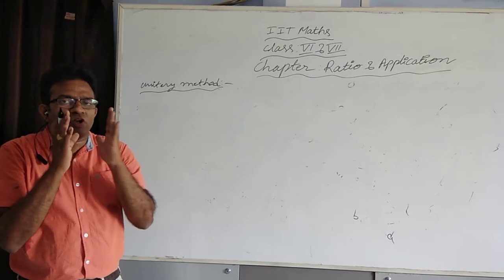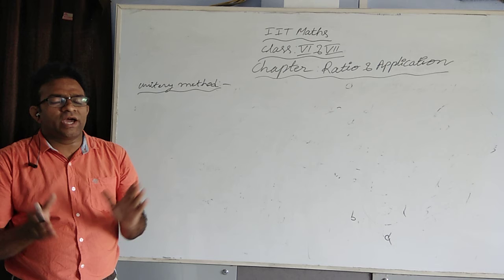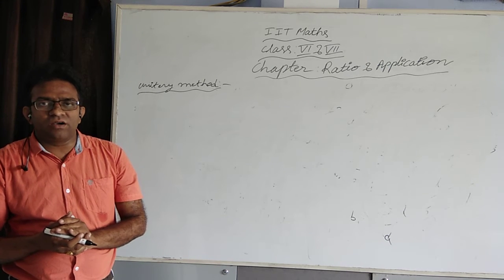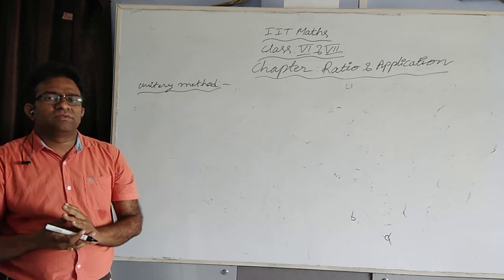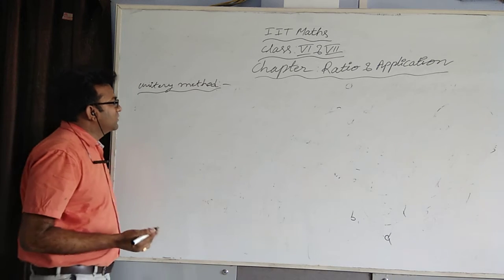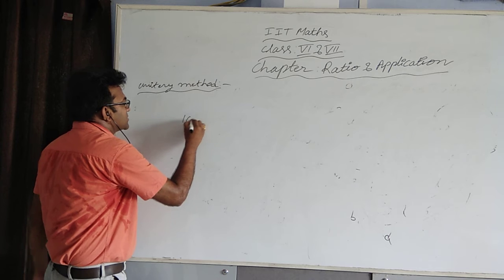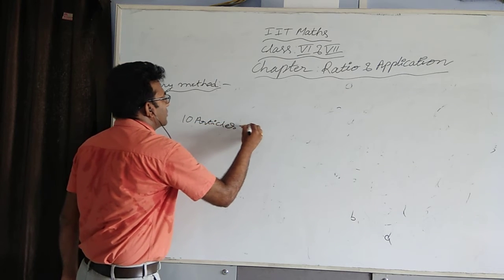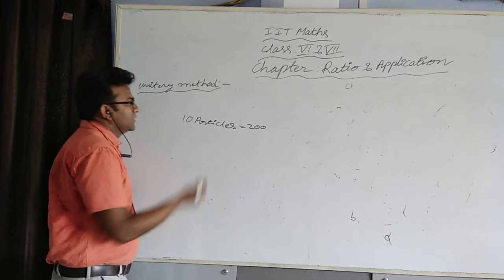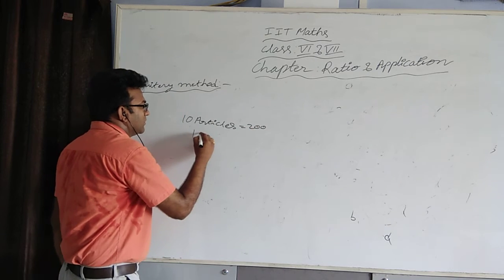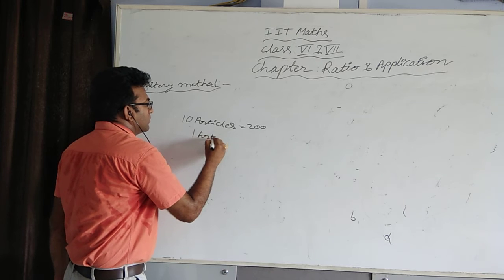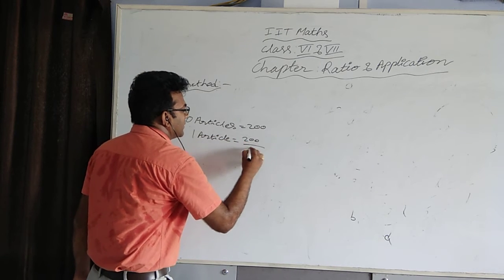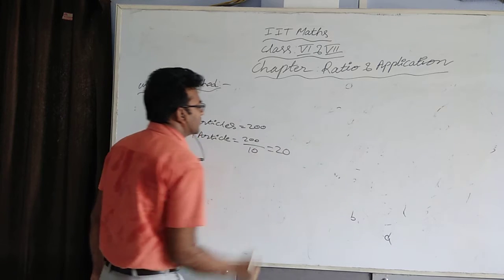Otherwise, if we know the cost of one article, then we are going to find out the cost of the required number of articles. That is called the unitary method. Okay. So for example, cost of 10 articles is equal to 200. Then cost of one article is 200 by 10. That is equal to 20.